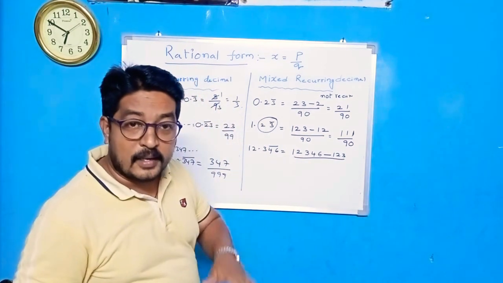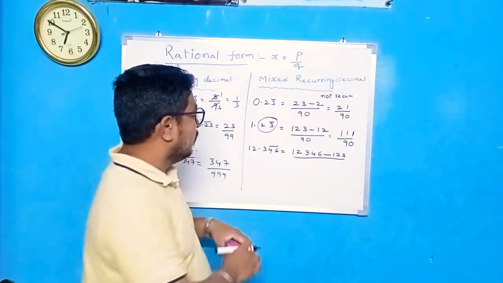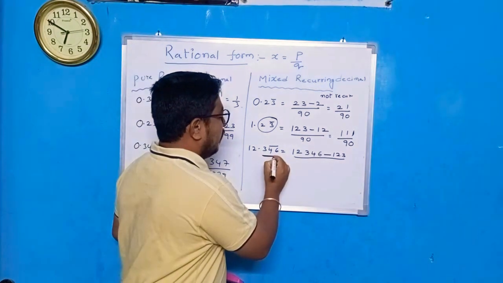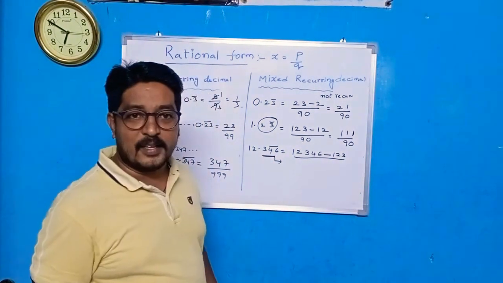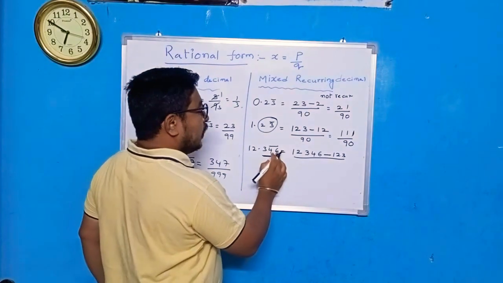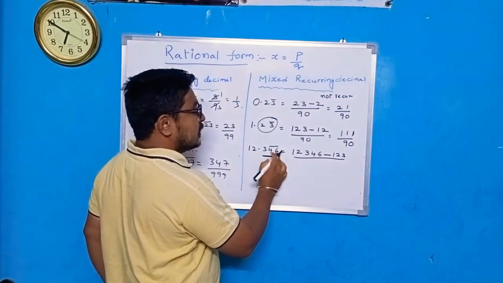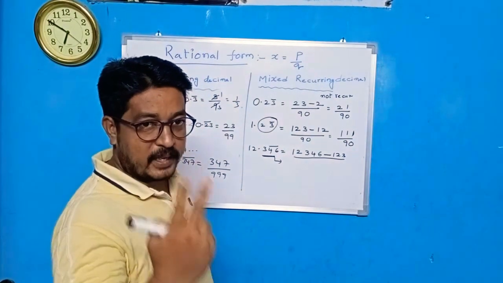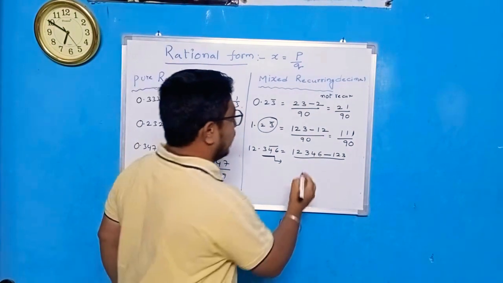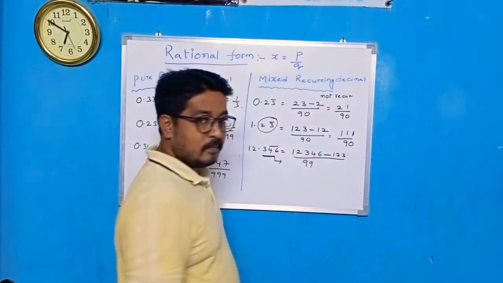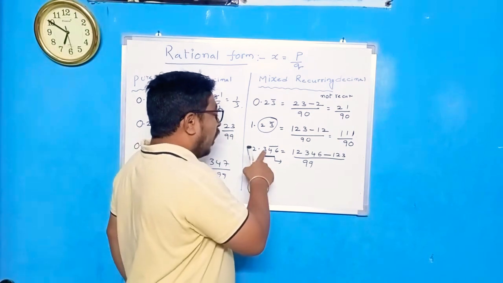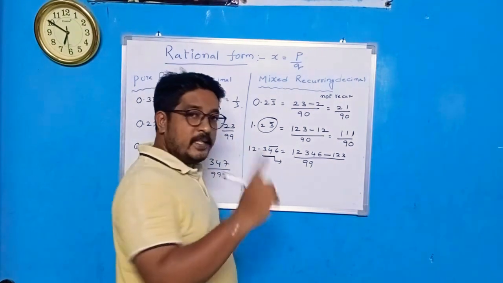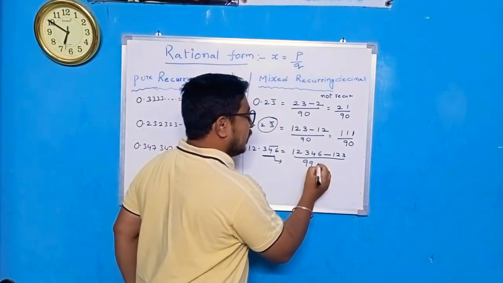We want to write the denominator after the decimal. How many digits are recurring? 4 6 is recurring, that means 2 digits recurring. 2 digits recurring means write 2 nines. After the decimal, 3 is 1 digit not recurring, so write here 0.